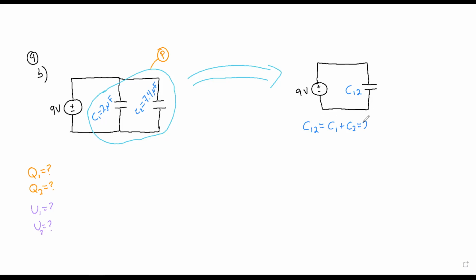So this is going to be 2 times 10 to the minus 6 farads plus 7.4 times 10 to the minus 6 farads. This is going to be 9.4 times 10 to the minus 6 farads. And this is going to be the total capacitance.